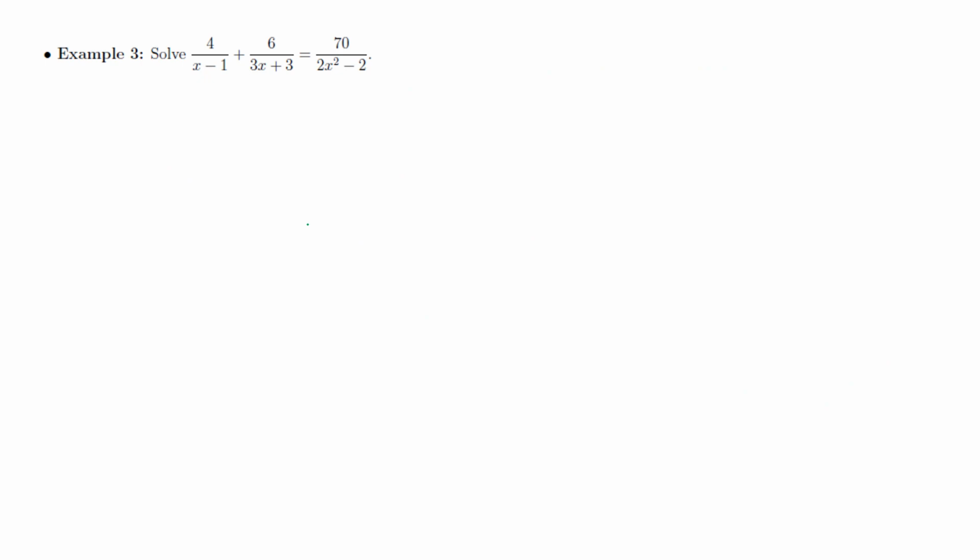All right, so here's another example, and this one just shows kind of a more challenging setup where we've got to be really careful with our factorization. So we know that we got to factor everything completely first. So if I look at that first fraction, no factoring I need to do in that denominator.